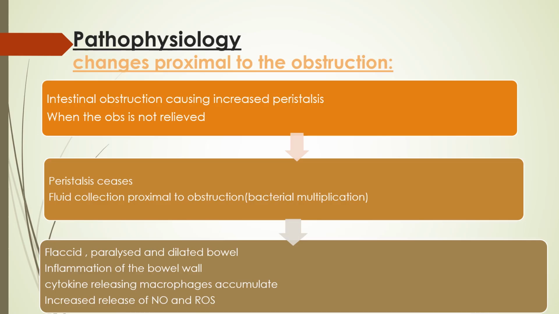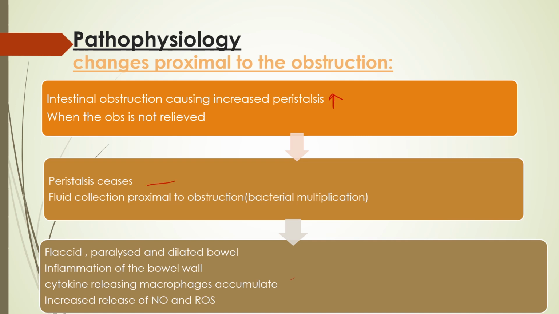Now I would like to draw your attention towards the pathophysiology of bowel obstruction. We can simplify it by looking at what happens proximal to the site of obstruction. Whenever intestinal obstruction occurs, the peristalsis increases to relieve the obstruction, but when this does not occur, the peristalsis ceases at some point.